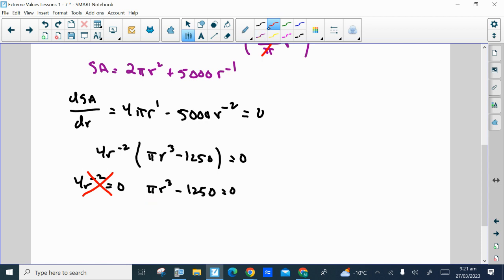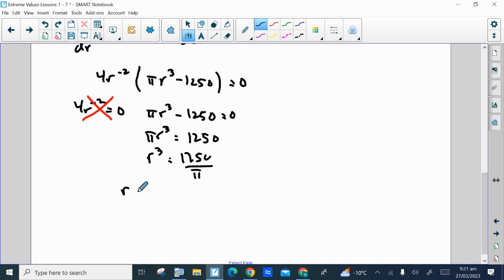So we'll just solve the second one. So that's where pi r cubed equals 1,250. R cubed will equal 1,250 over pi. And then r will equal the cube root of 1,250 over pi, which is our answer as an exact value.